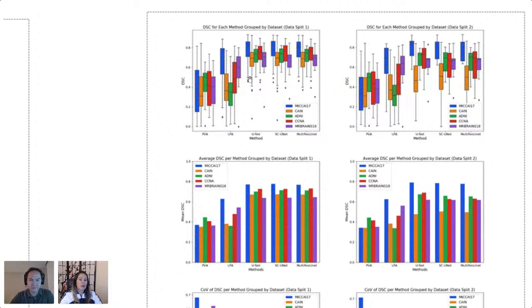But the main point is that the testing performance is different depending on which data set you're working with. It's expected probably. If the blue one has a bigger sample size, probably it's performing better. This one actually had the smallest. This one had 12 subjects.